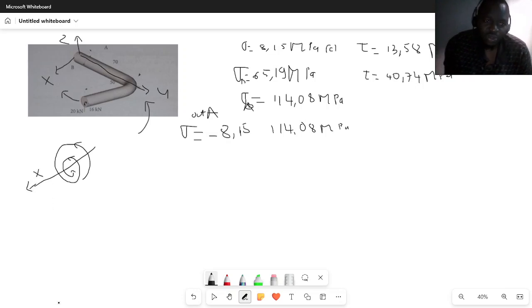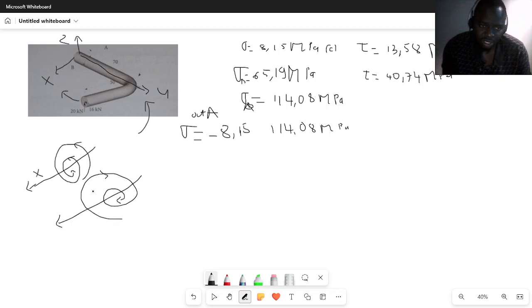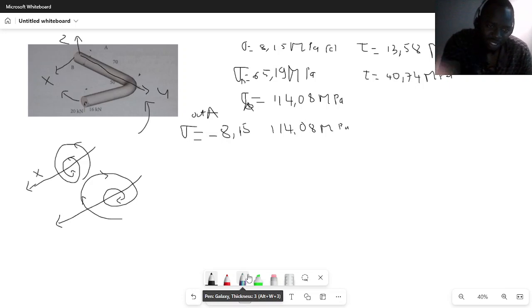Now if I use the right hand rule, I get it as positive. I don't know why the book writes it negative. This is the one that is giving me negative.